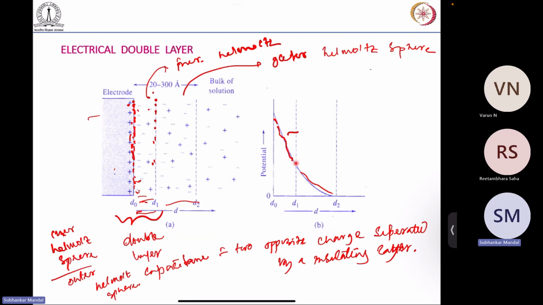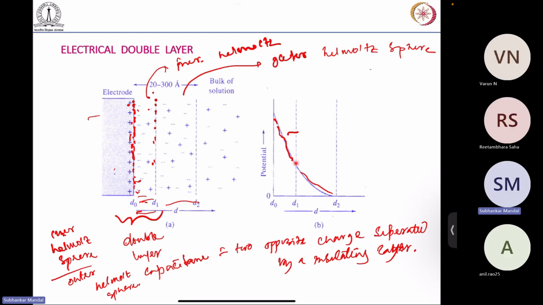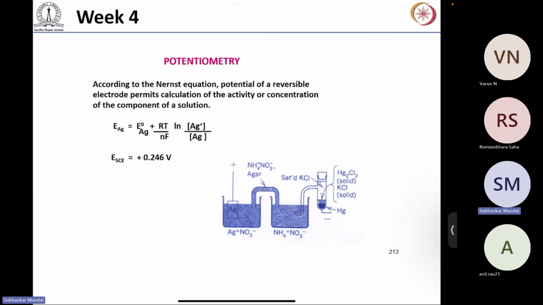This distance is 20 to 300 Angstrom, and you can see that as the thickness of the double layer is increasing, the potential difference is decreasing. Okay, so those things we have discussed.